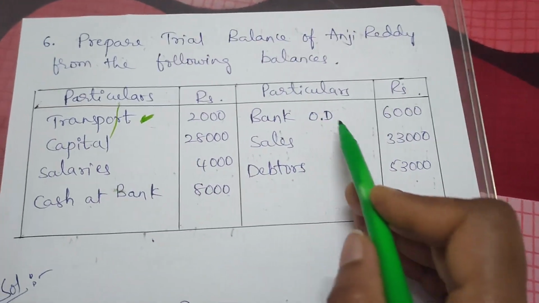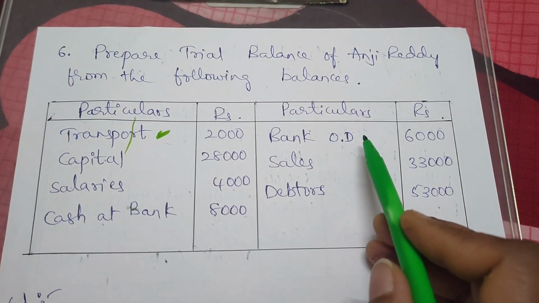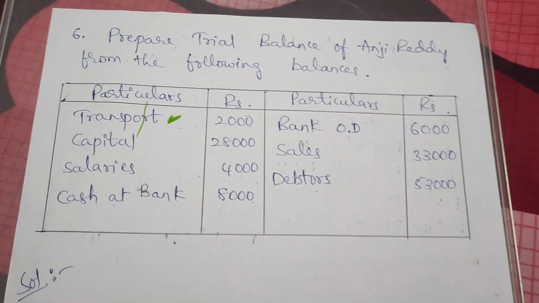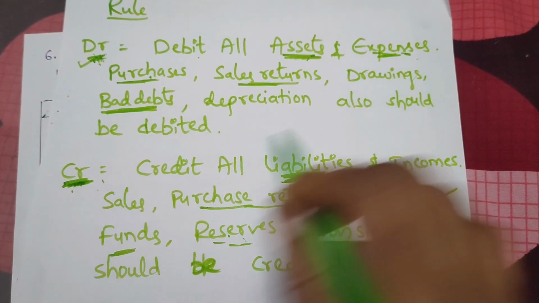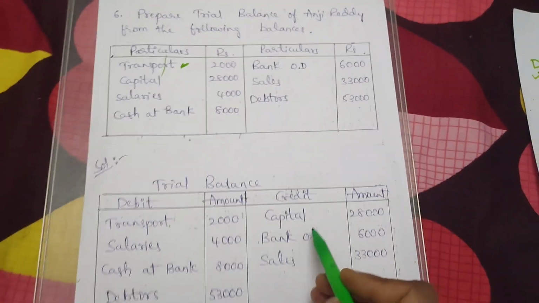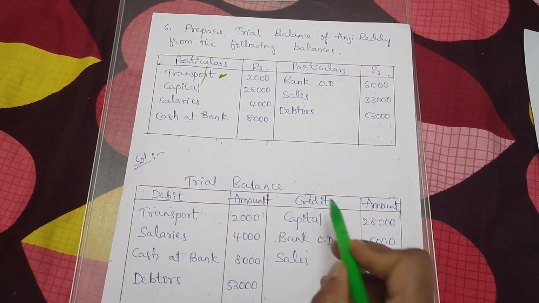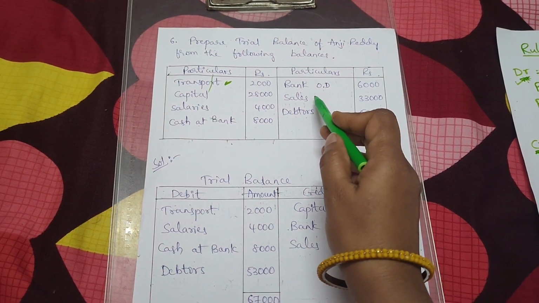Next, bank OD. Bank OD means overdraft. Bank overdraft is a liability. All liabilities we have to credit. So that is why bank OD I recorded under credit 6,000. Next is sales.